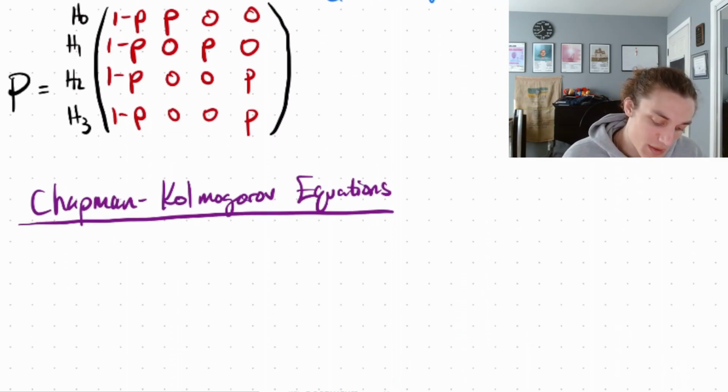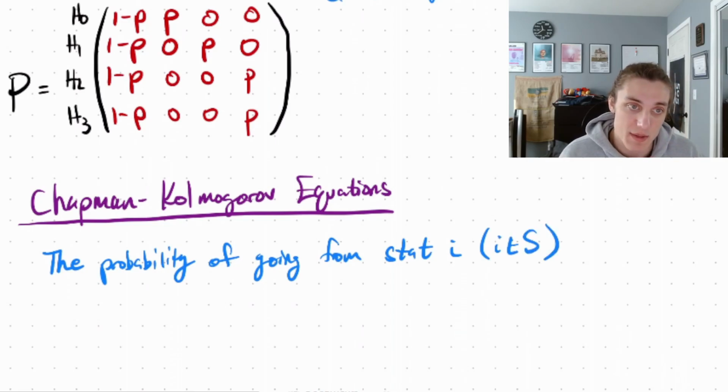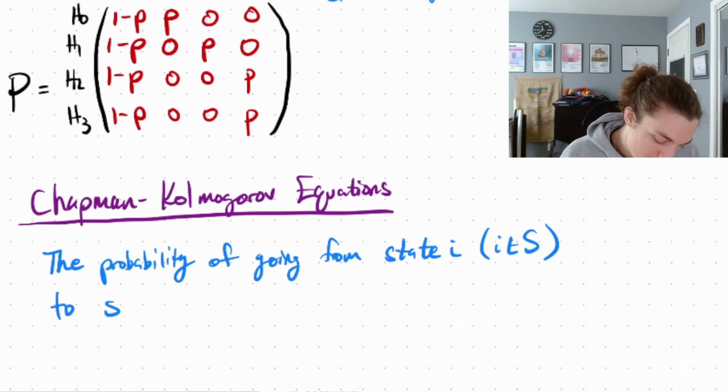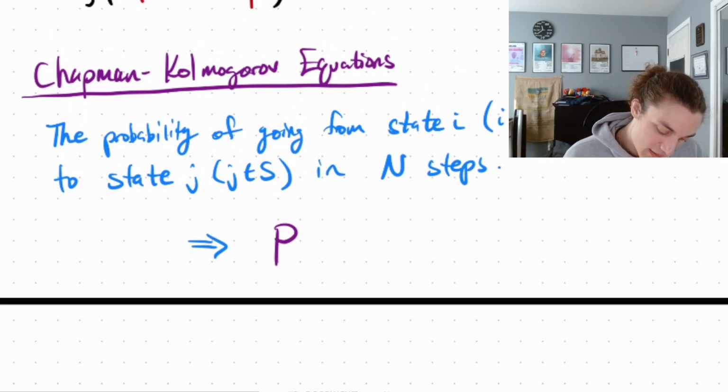But using the Chapman-Kolmogorov equations, the corollary is that the probability of going from state I, where I is some state in our state space, to state J, where J is also some element, in n steps, is simply P to the n, the ijth entry.